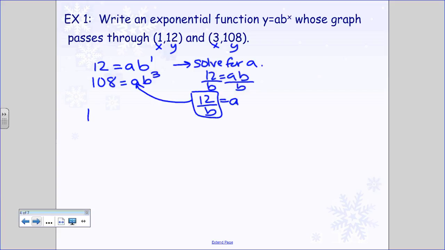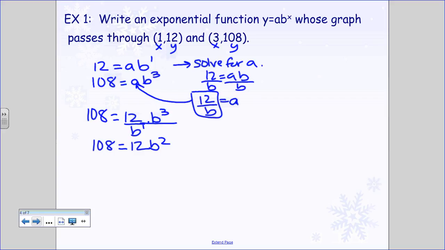So I'm going to have 108 equals 12 over b times b to the third. Okay, we don't really need this times there. We can extend the line, and it's 12b to the third over b. And let's simplify that. We use our exponent rules, and we can subtract our exponents. 3 minus 1 is 2, so we have 12b squared on the top.